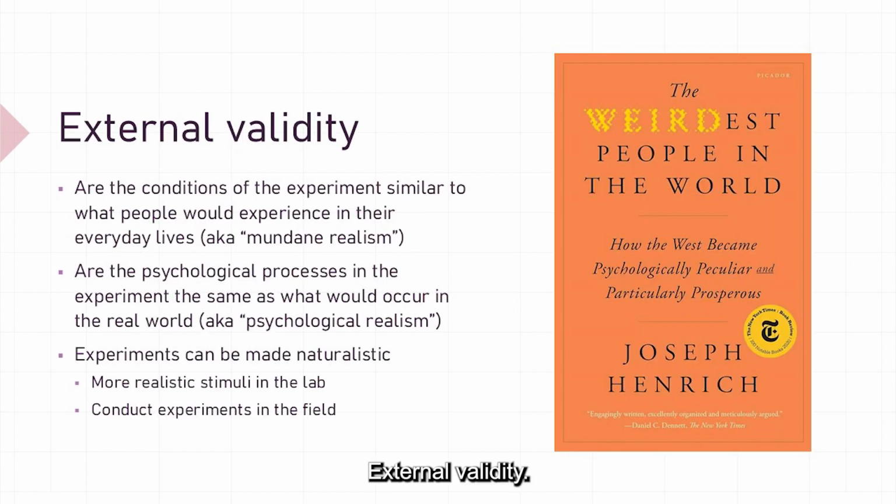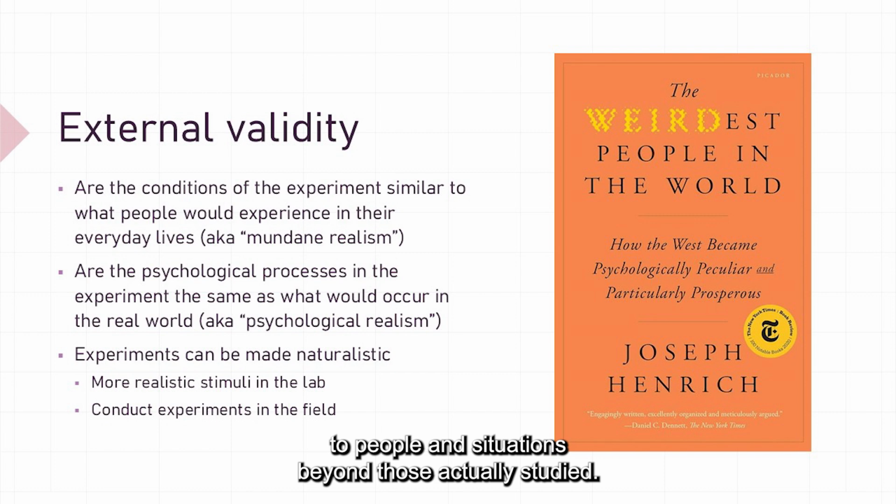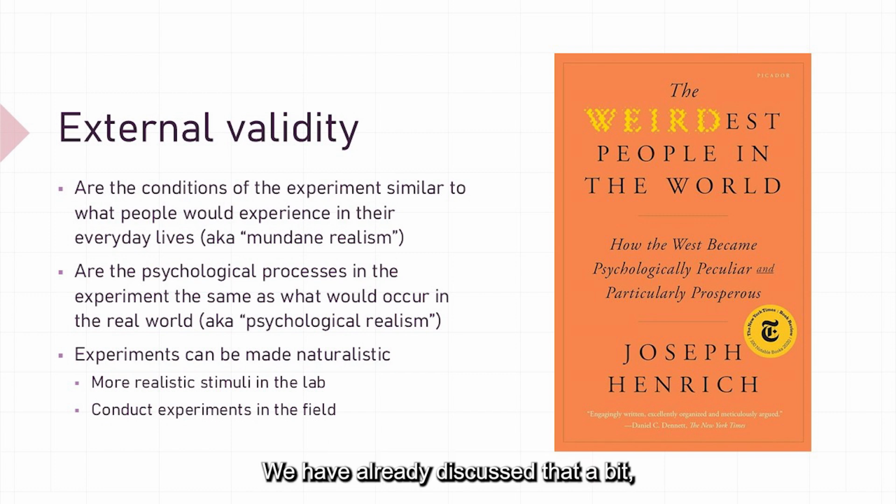External validity. An empirical study is high in external validity if the way it was conducted supports generalization of the results to people and situations beyond those actually studied. We have already discussed that a bit.